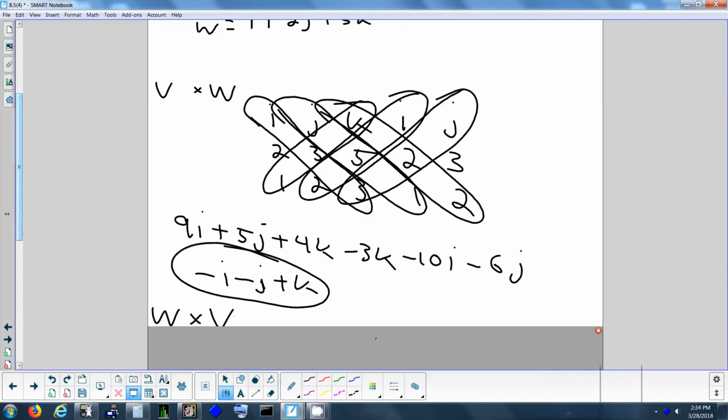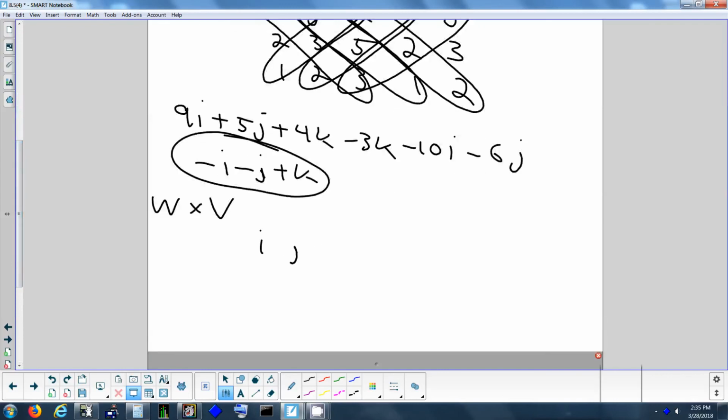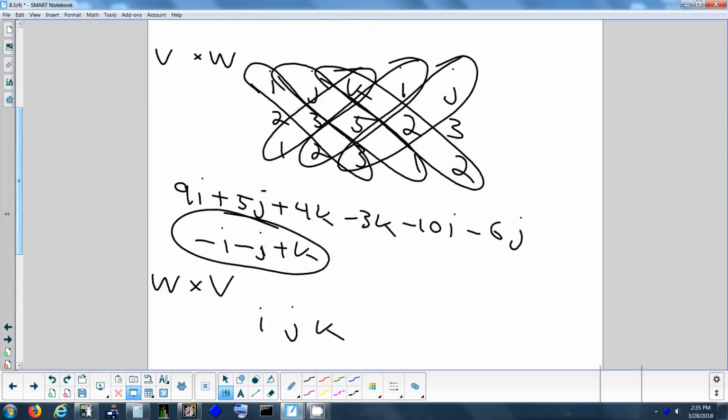Okay. So we'll finish up with W cross V, and I want you to see what happens. Usually, when you have multiplication, does the order matter? No. Usually you can switch the order, you get the same thing. Well, let's see what happens here. So we've got I, J, K. And what's going to be the difference with how I set this up from what I had up above?